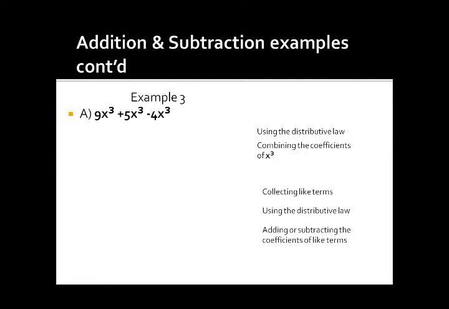Next, 9x cubed plus 5x cubed minus 4x cubed. All of these again are of the same base and same exponent, so we can group them and add 9 to 5 and subtract 4 from 9 plus 5.